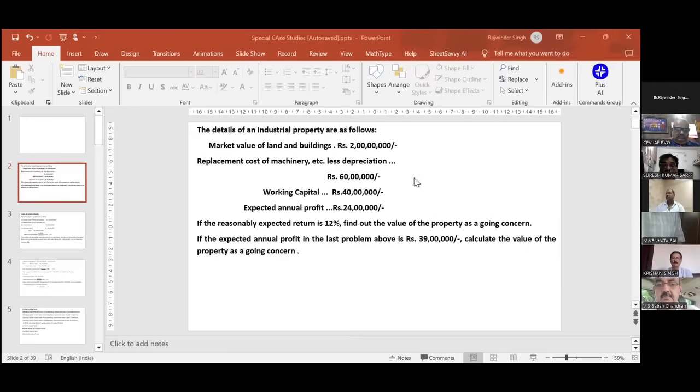That we call a going concern, in layman's language, which may be different from the accounting point of view.